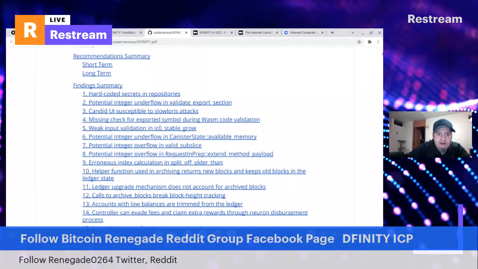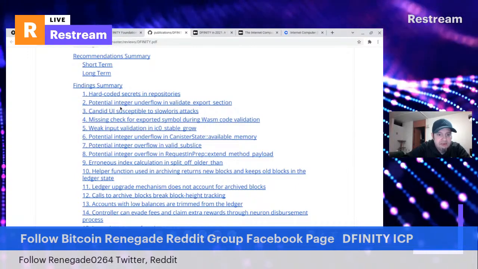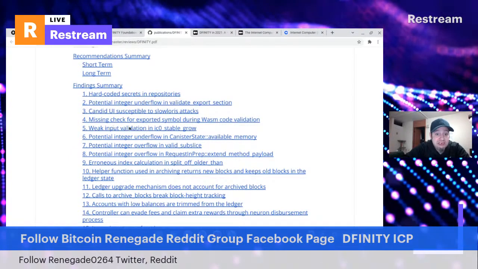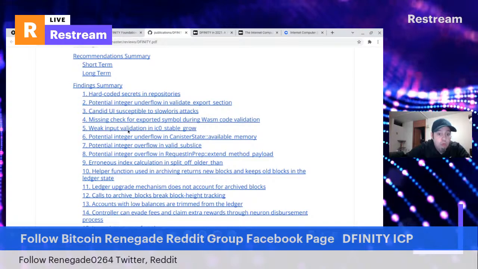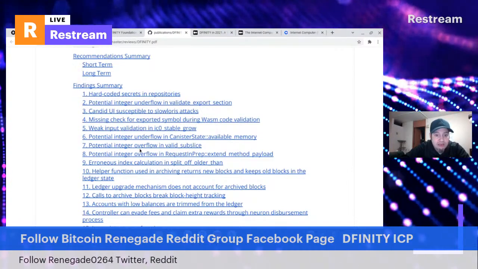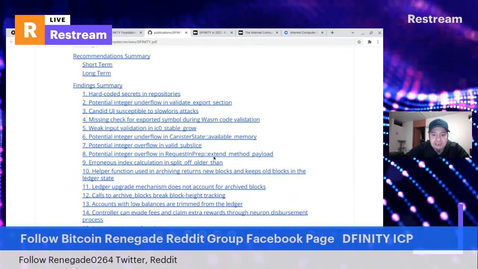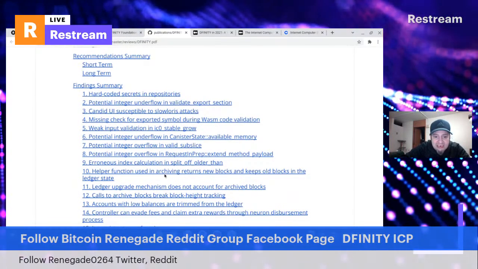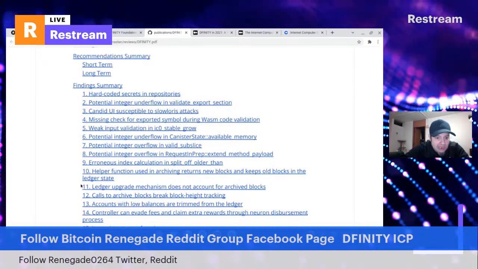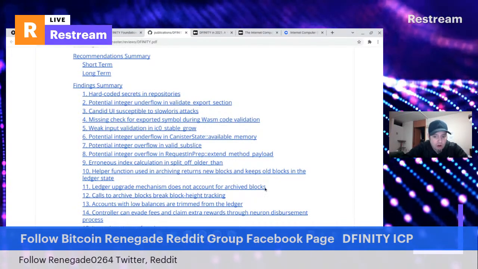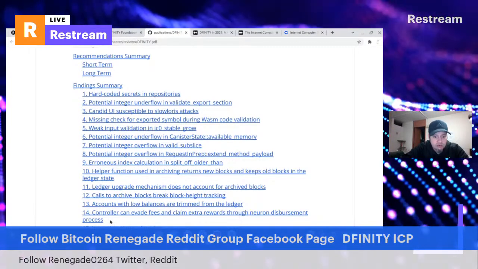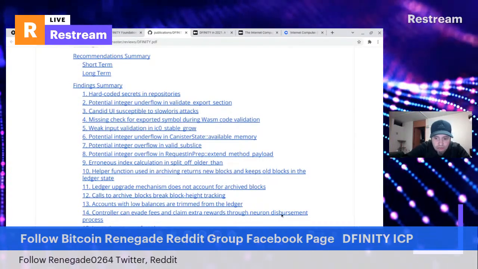And then this is all of it. Finding summary: hard-coded secrets and repositories, potential integer underflow and validate export section, Candid UI susceptible to slower risk attacks, missing check for exported symbol during WASM code validation, weak input validation on ICO stable grow, potential integer underflow in canister state available memory, potential integer overflow and valid subslice, potential integer overflow and request in prep extend method payload, Arrhenius index calculation split off older than, helper function used in archiving returns new blocks and keeping old blocks in the ledger state, ledger upgrade mechanism does not account for archive blocks, calls to archive block break block height tracking, accounts with low balances are trimmed from the ledger, controller can evade fees and claim extra rewards through neuron disbursement process.